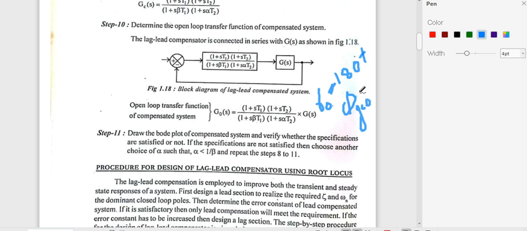We have designed the system for a gain crossover frequency omega GCL. In the lag compensator, we designed omega GCN, but here we choose a frequency somewhat greater than omega GCN.